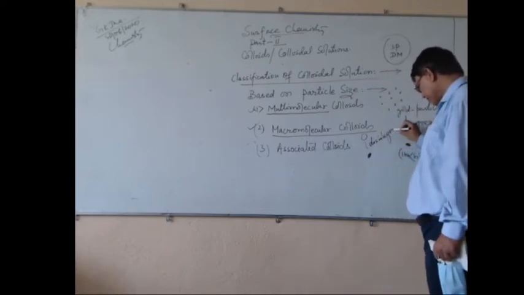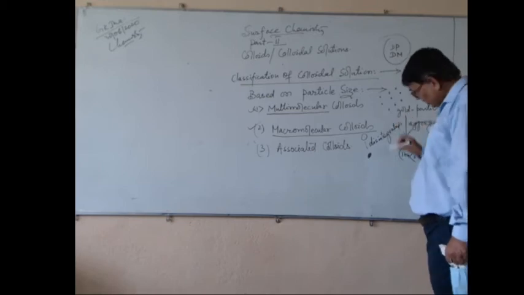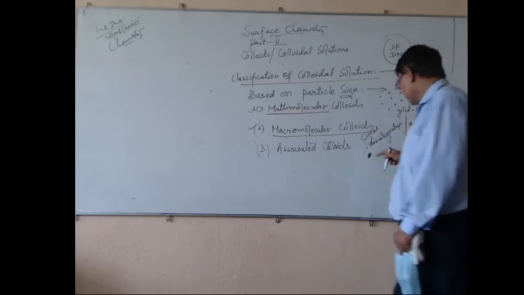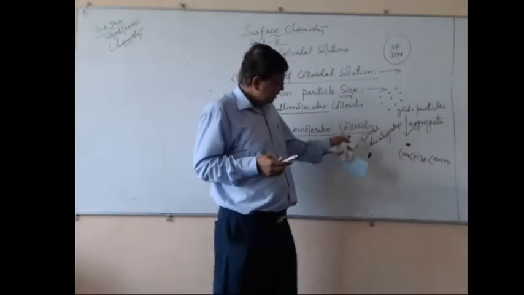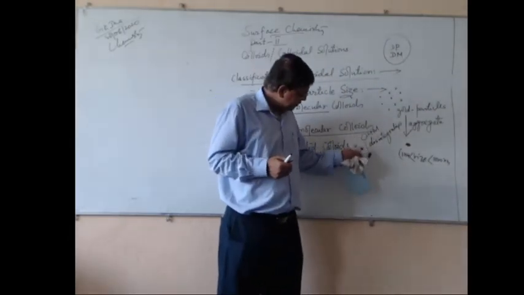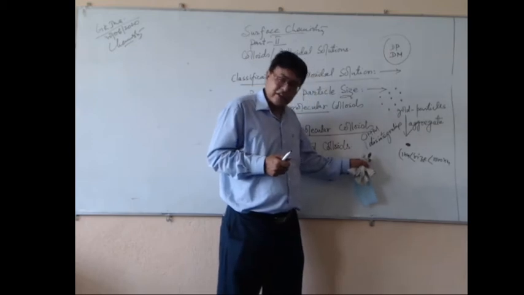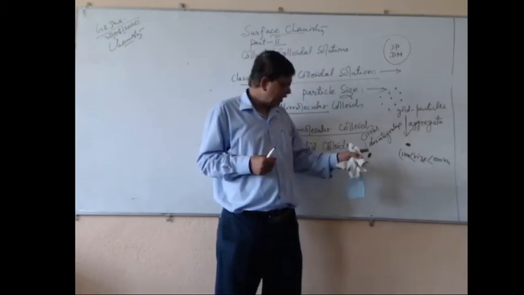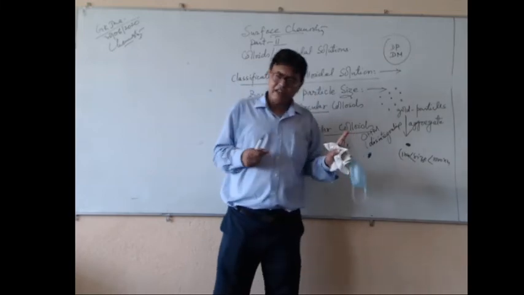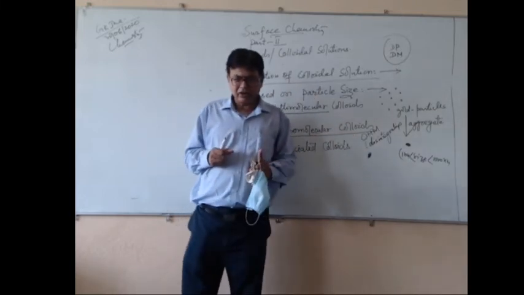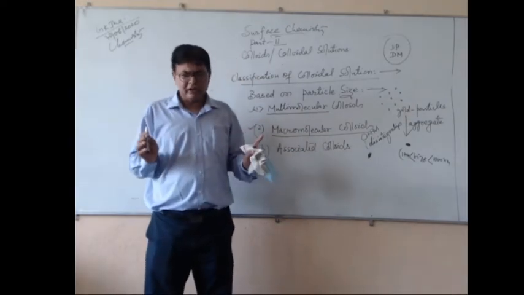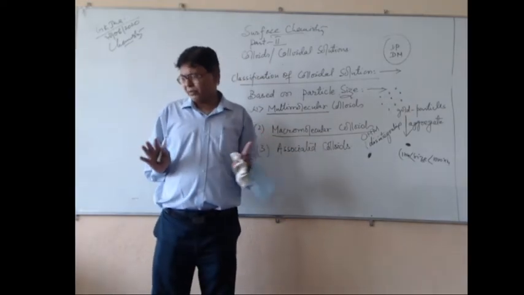Large sized macromolecules disintegrate into particles, the size of which falls within the colloidal range. Examples are starch sol and protein sol. All of those are examples of macromolecular colloids.